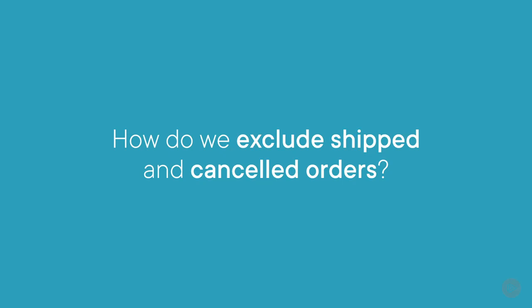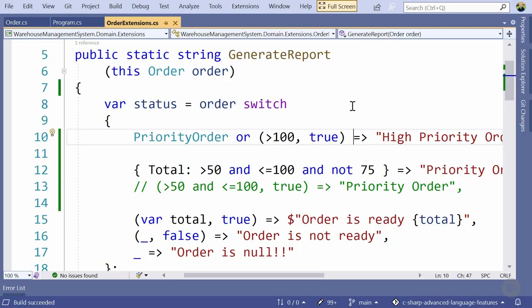It cannot be cancelled or a shipped order. To do this, we are going to group the second pattern into what is known as a parenthesized pattern. This way, we can evaluate this entire group of patterns together.